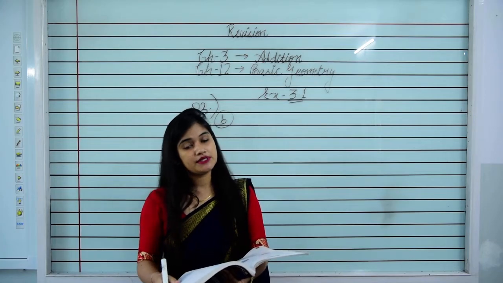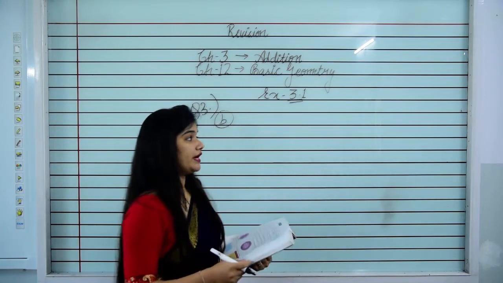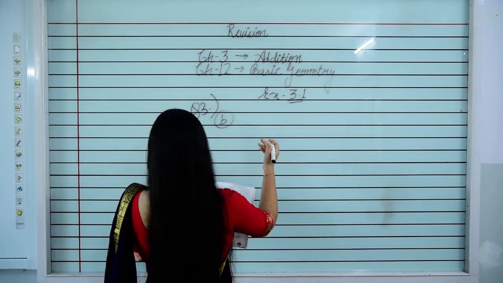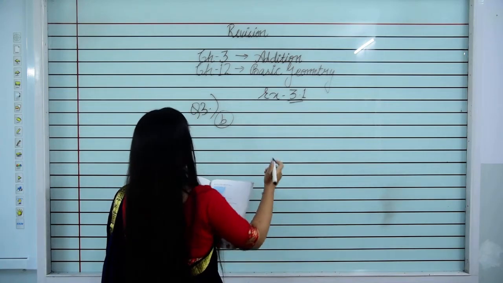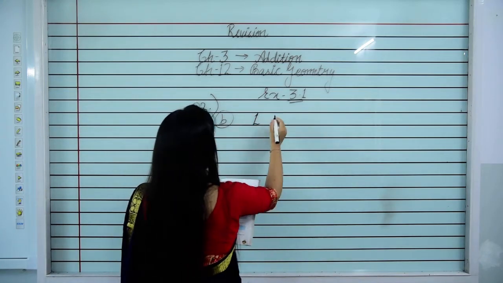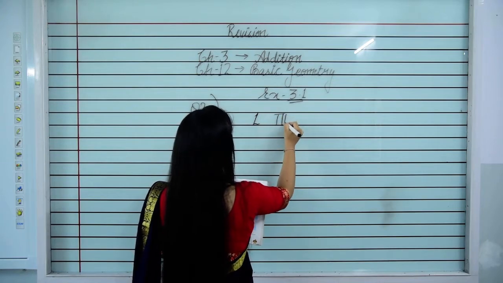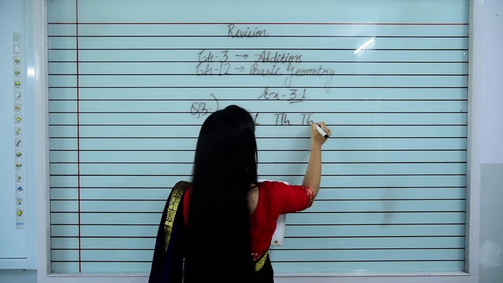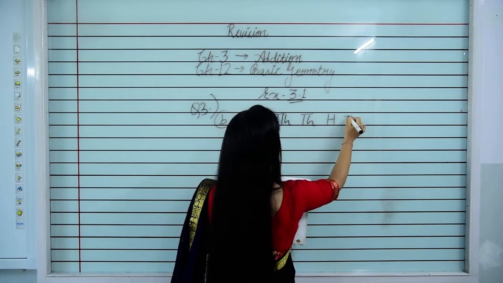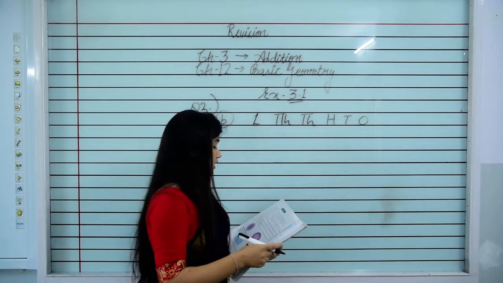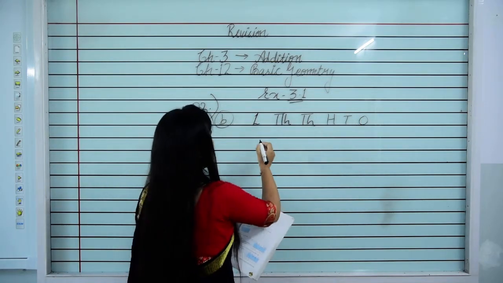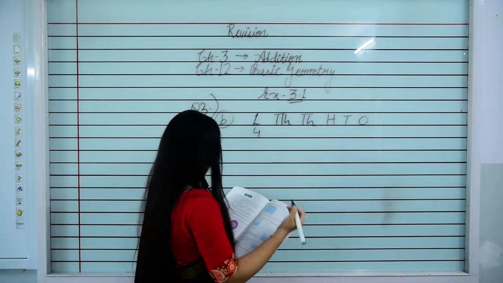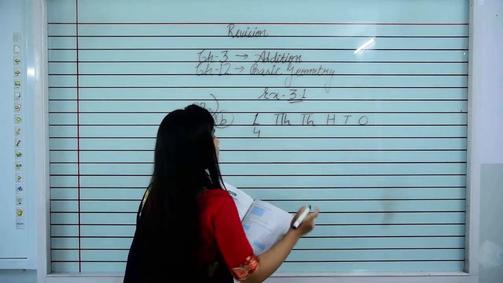We first have to convert into numbers. Then we'll find the sum of these numbers. So first number is 4 lakh. It means first will come lakh, then after lakh 10,000, then 1,000, then 100, tens and then ones. So first 4 lakh. It means 4 will come here. The next is 90,000.